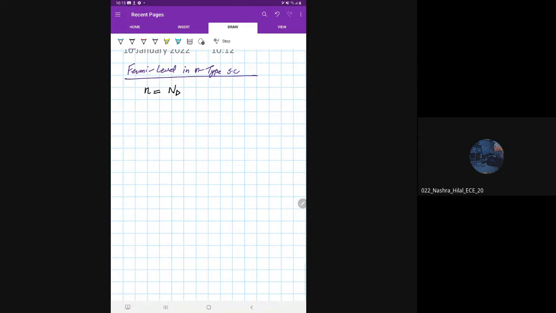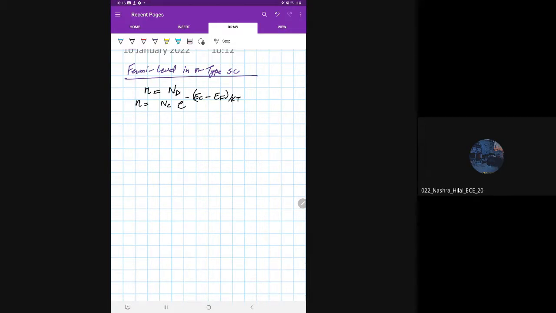Therefore, n, the number of electrons, is equal to Nc e to the power minus (Ec minus Ef) divided by kT, as we discussed in our previous lecture. Here Ec is the energy of the conduction band, Ef is the Fermi energy, k is Boltzmann's constant, and T is temperature in Kelvin.